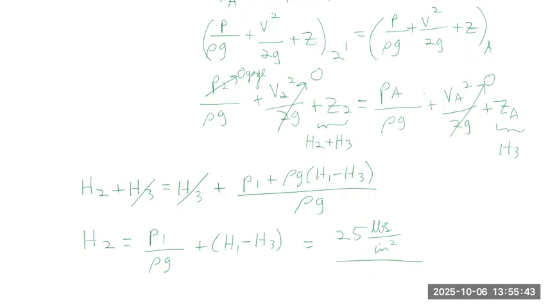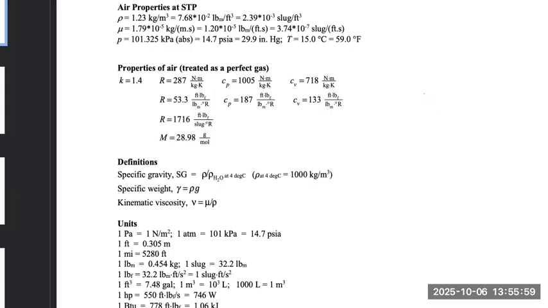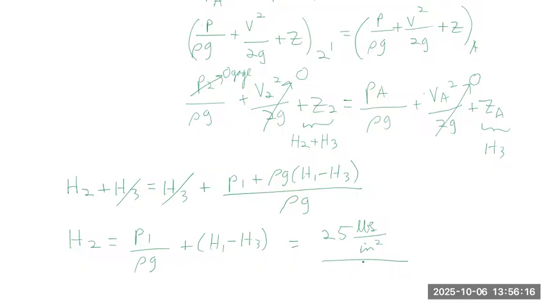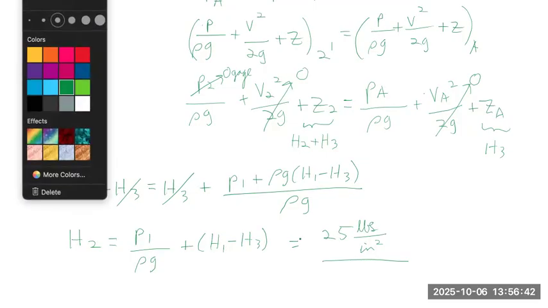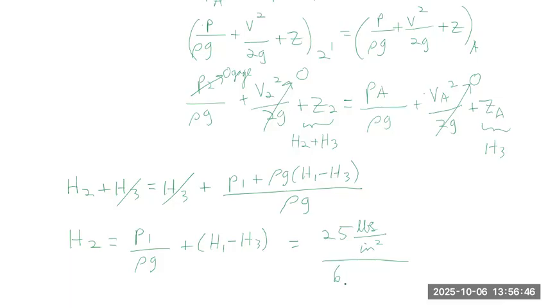Is it called specific weight? Rho G. Yes, the specific weight is gamma equals rho G. And rho G is the specific weight for water, and that value is actually 62.4 pound force per feet cubed, plus H1 minus H3.